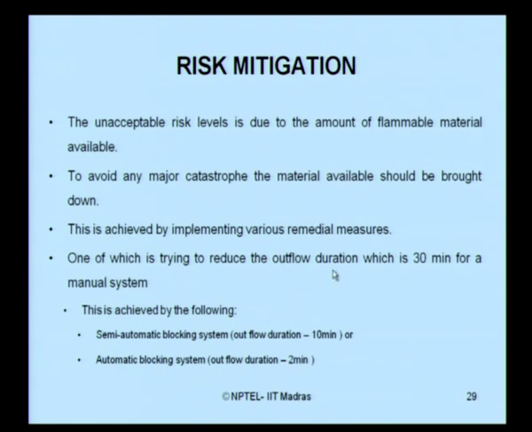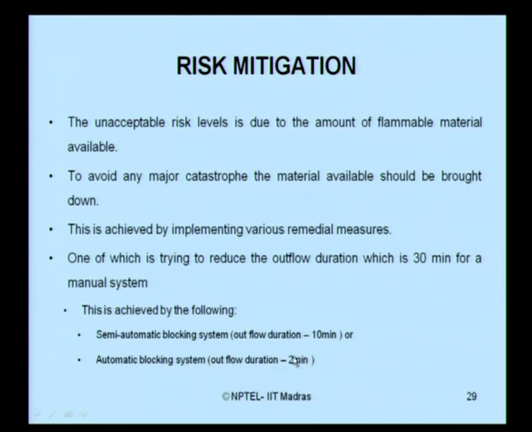As you remember, the control mechanism I have is operable for about 30 minutes because it is a manual system. So, what I am recommending for this specific case is either use a semi automatic blocking system which can control the outflow duration to 10 minutes, or use a complete automatic blocking system which can control the outflow duration to about 2 minutes.